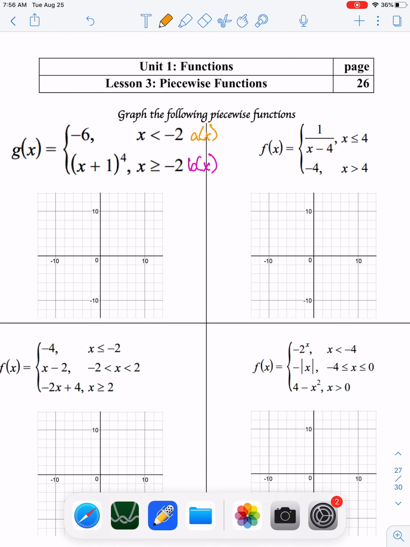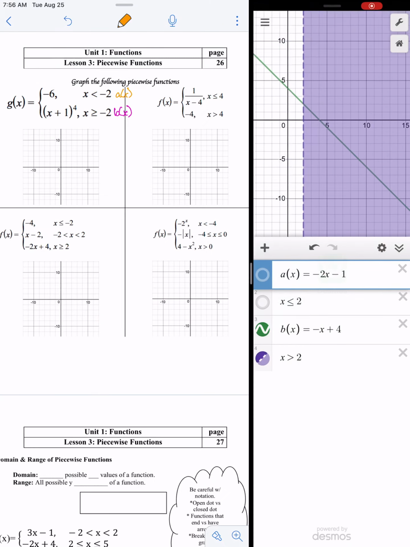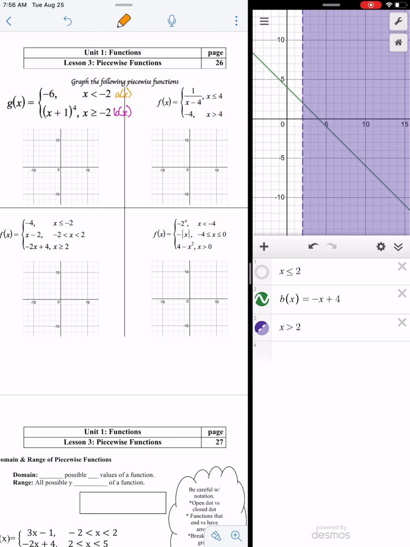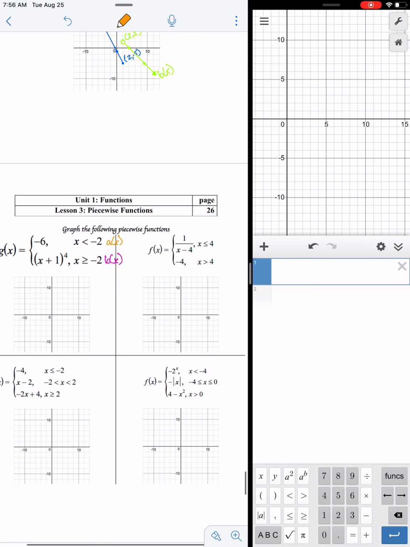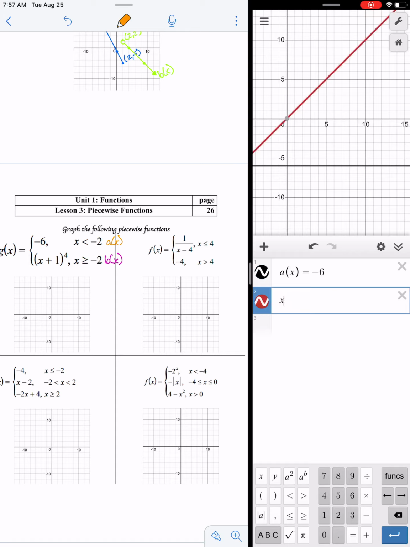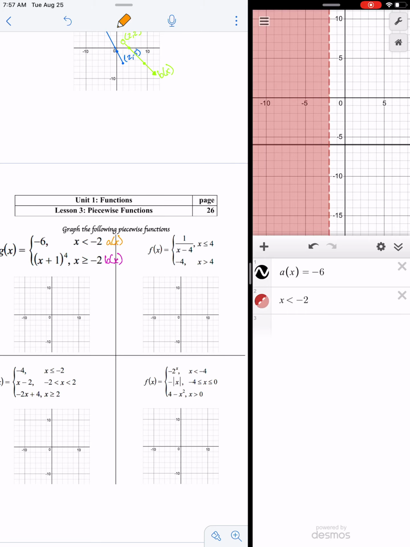So I go back to Desmos, clear out everything I had originally, then I type in a of x is equal to -6. Underneath that piece, I'm going to type in my domain restriction. And then I want where it intersects, so the point -2, -6.